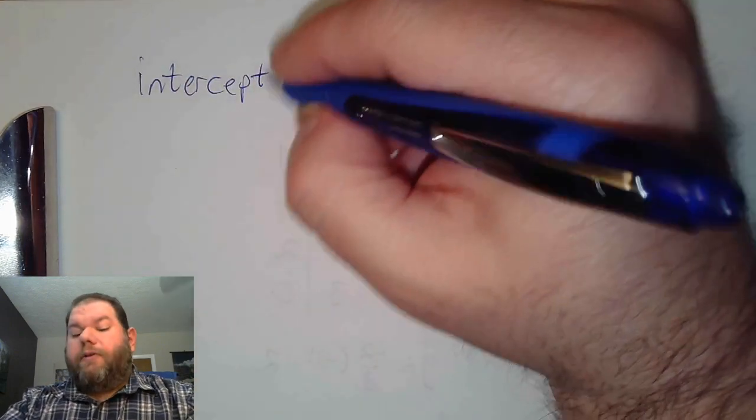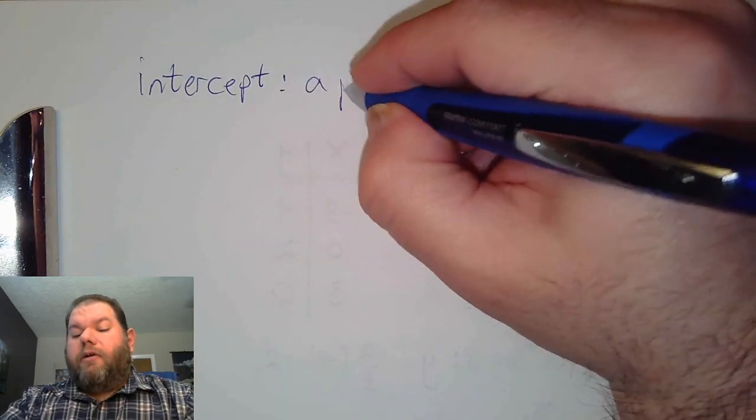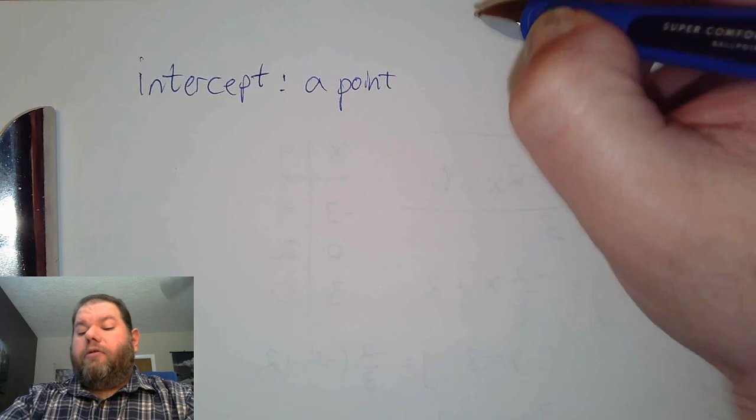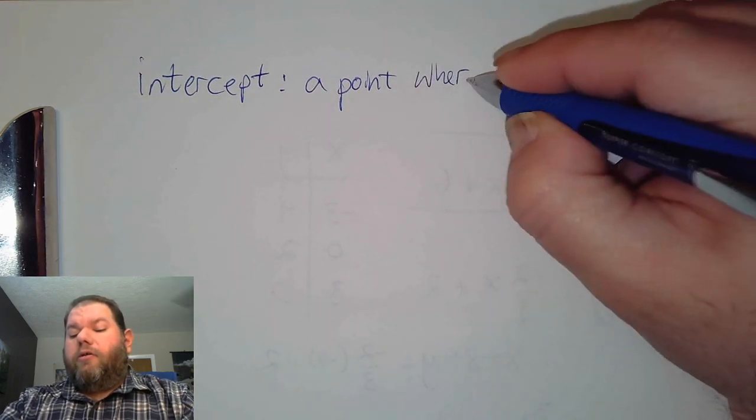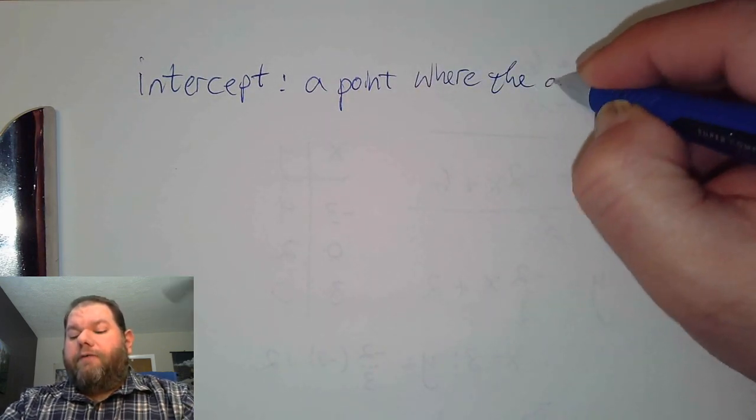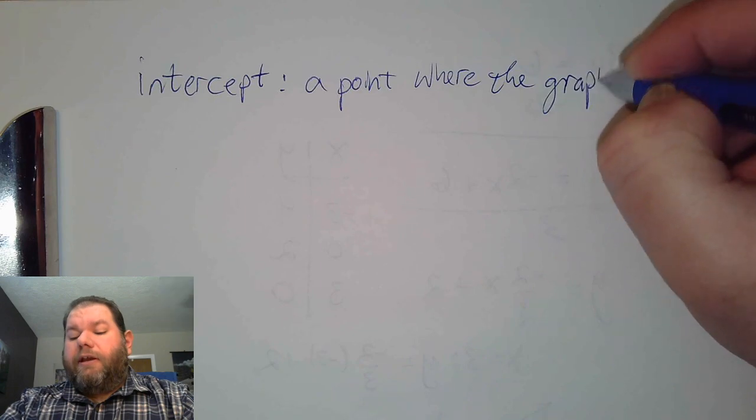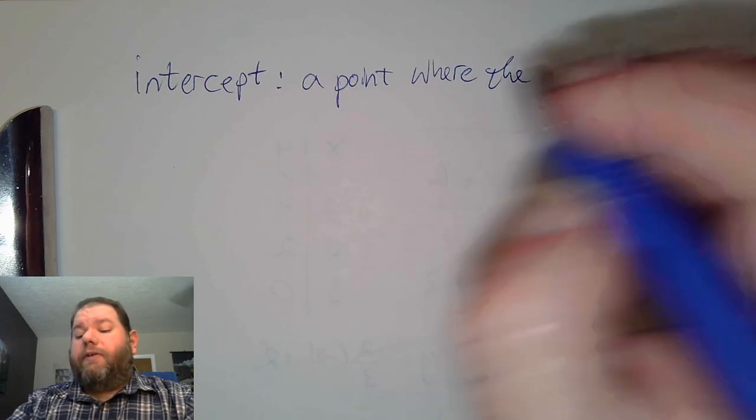Okay, intercept, this is a point where the graph crosses either the x or the y-axis.